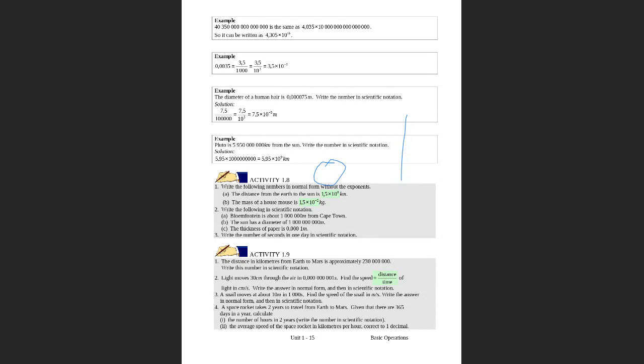Have you seen that? For instance, 6,0 is the same as 6. Let me explain it to you. Let us say I have the number 60 and I say write 60 in scientific notation. Somebody will say 6 times 10 to the power 1.